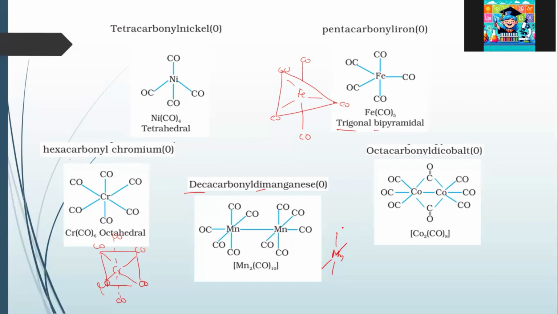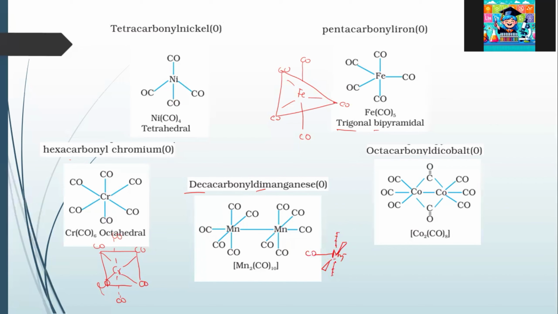Two are behind the screen, 2 are in front of the screen. So this will be the proper structure. And one will be in this plane like this, 1 carbonyl. And so we will get a square pyramid.